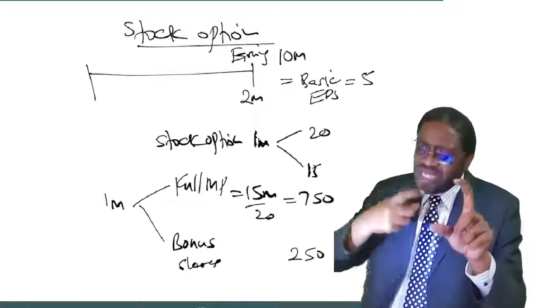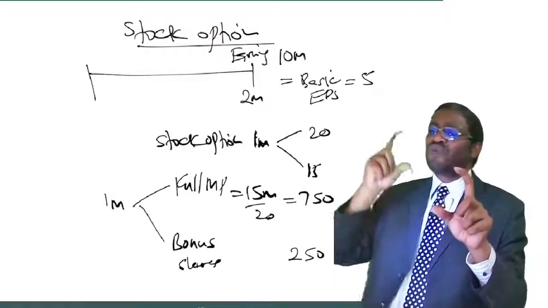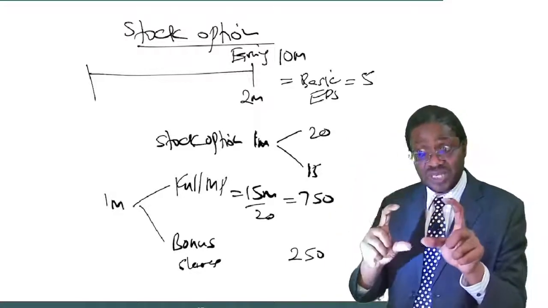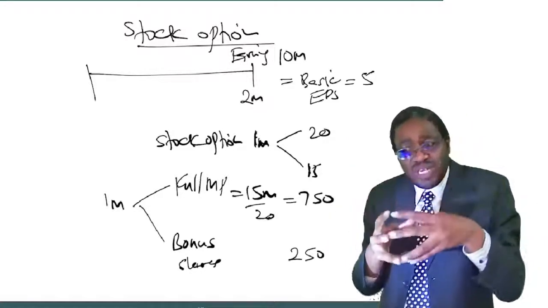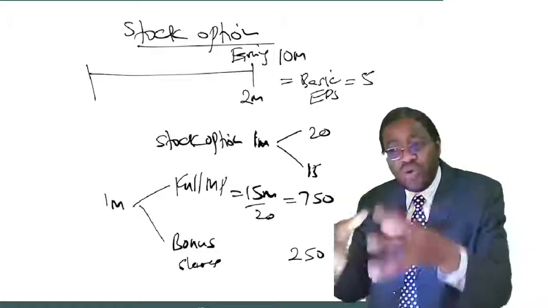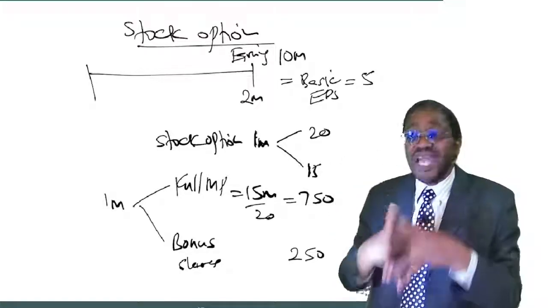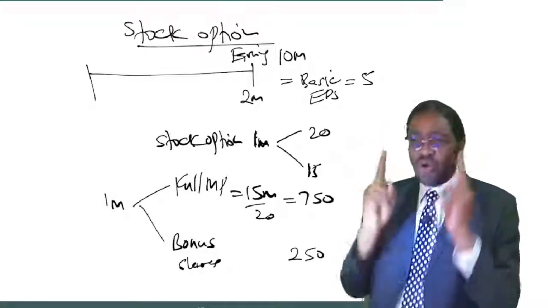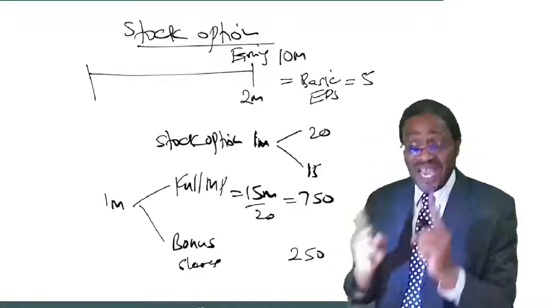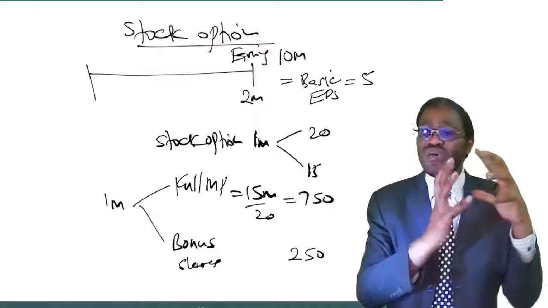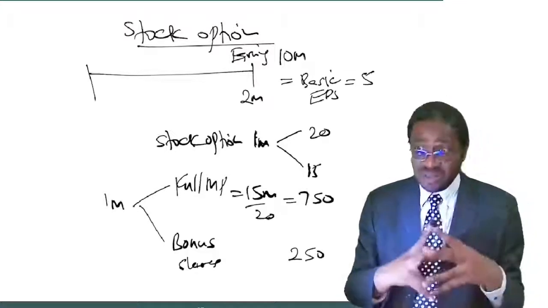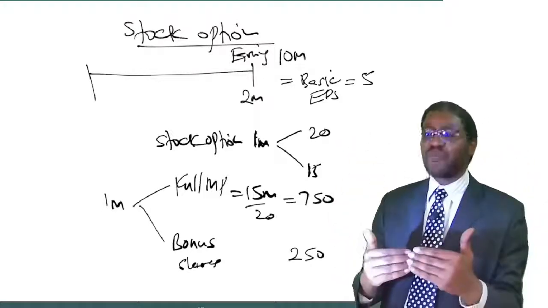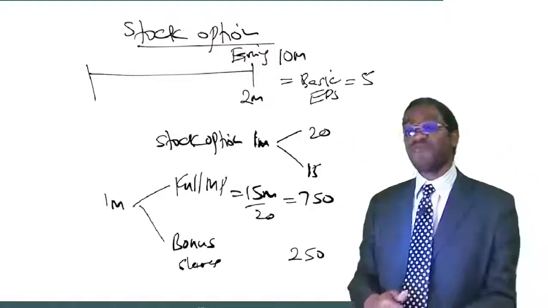But because these employees will be given another 250 shares for free, it is those 250,000 shares that are going to be considered dilutive. Why? Because they will be given for free, while other existing shareholders bought theirs at full market price. Now listen.